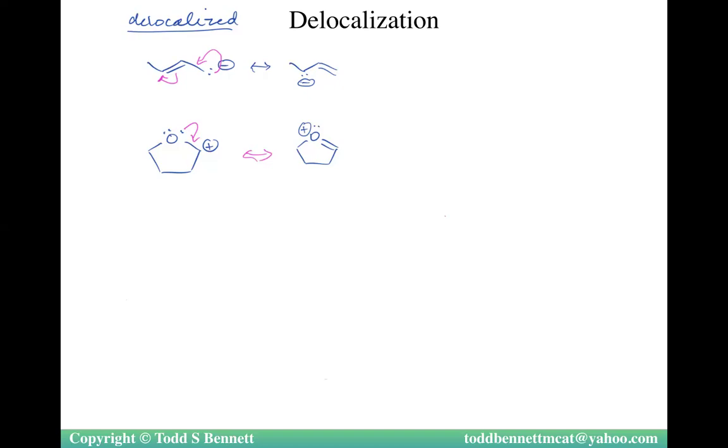So only 3 of the carbons are involved in the resonance. That fourth one, that extra methyl group that's been added on, is not in the resonance. So again, lone pair becomes a pi bond becomes a lone pair. So it moves over. Notice delocalization.